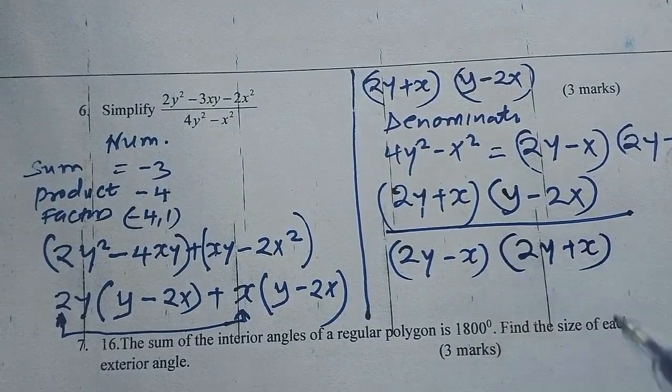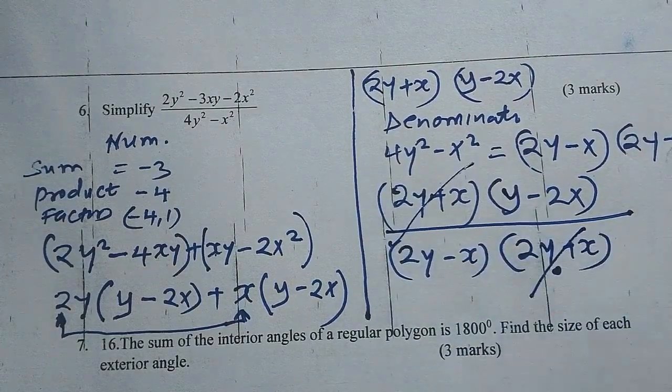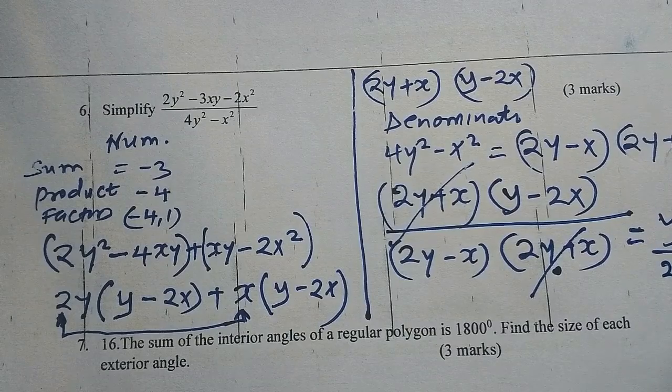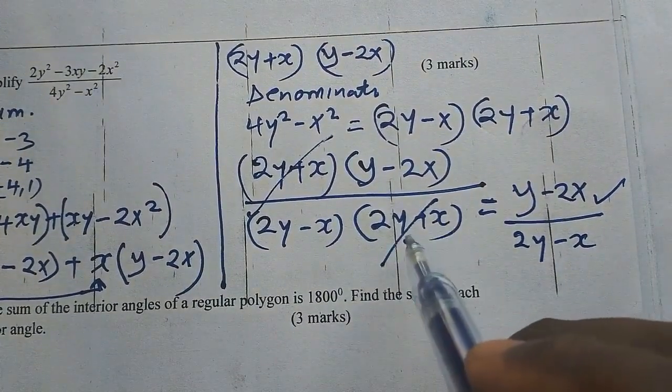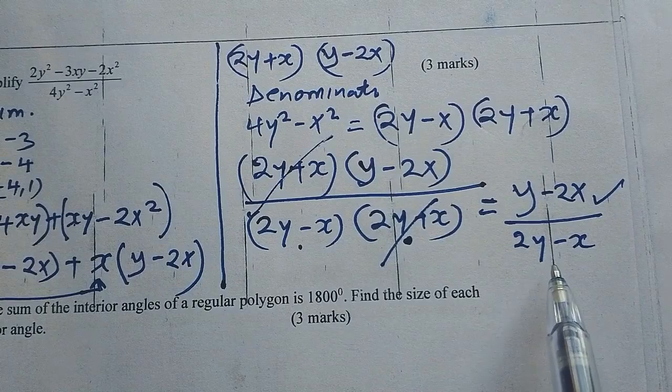Now you see this one and this one will cancel out, and we will remain with y minus 2x divided by 2y minus x as the answer. We remain with this and this as the final answer.